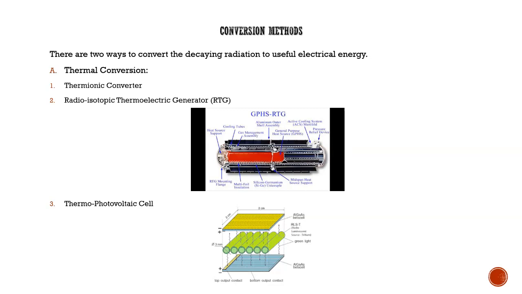The next one is the radioisotope thermoelectric generator. These generators are used in many applications. They are used by NASA and other space agencies for their rockets, space vehicles, launch vehicles, rovers, etc. They are mainly used because they are more reliable than the thermionic converters. What an RTG does is the nuclear fuel is capsuled, there is a capsule inside which the nuclear fuel is contained, and it's surrounded by thermocouples.